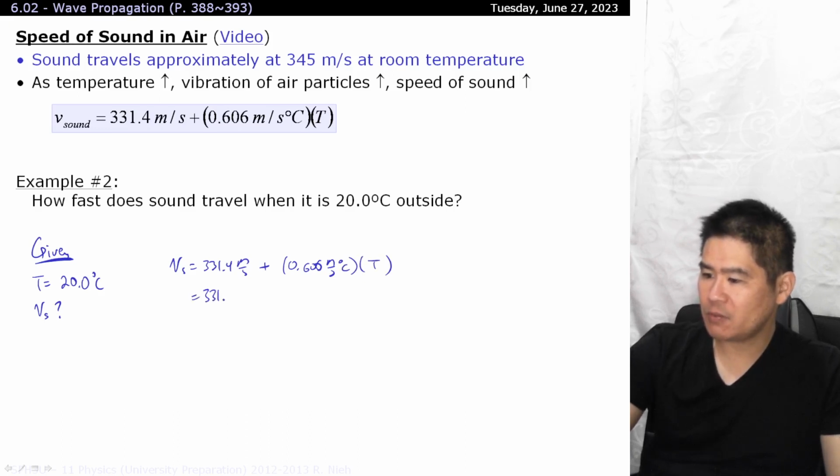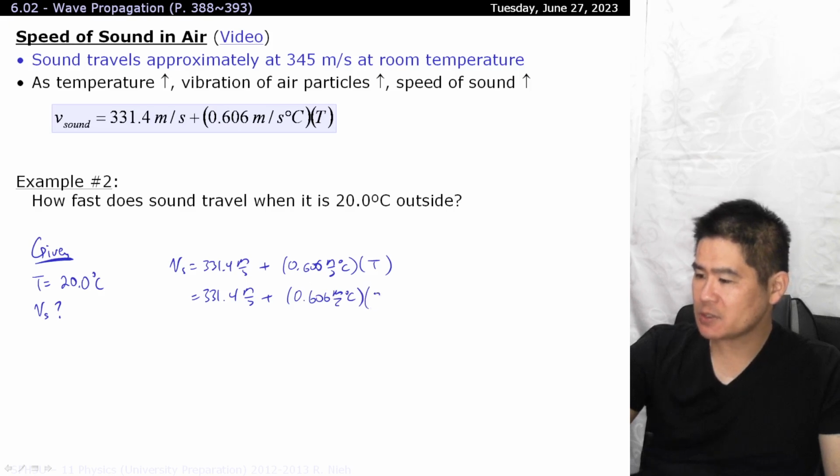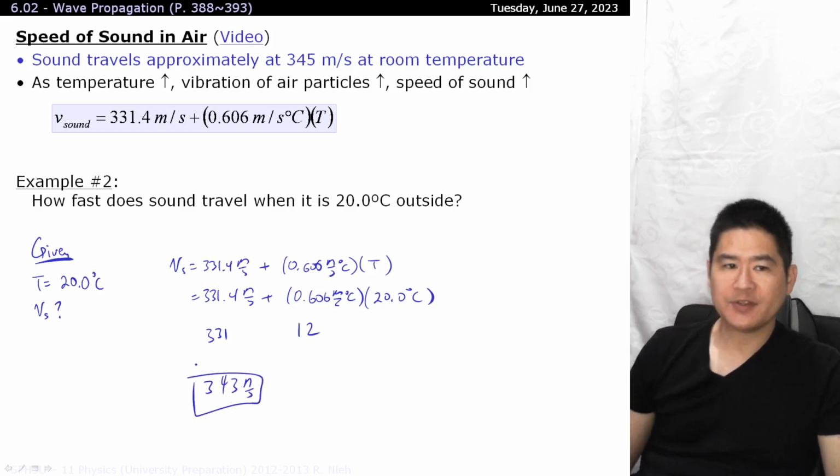So 331.4 meters per second plus 0.606 meters per second per degree Celsius times 20.0 degrees Celsius. Hopefully you can do some mental math over here. 6 times 2 is 12, so that gives you 12 plus 331, and then that will give you 343 meters per second. Done.